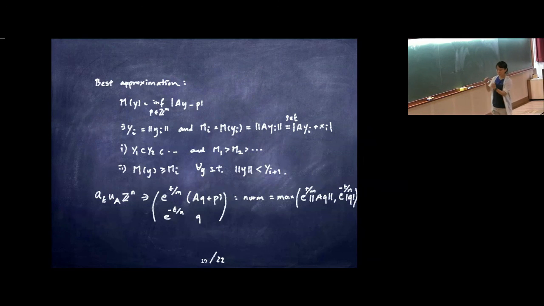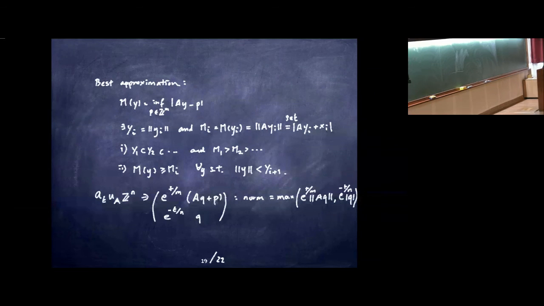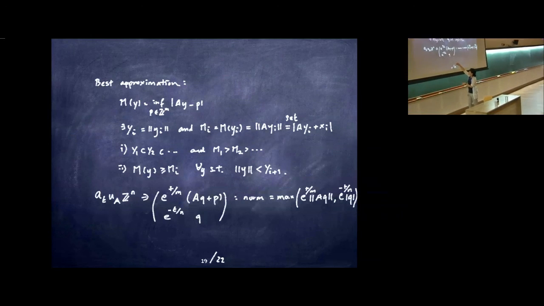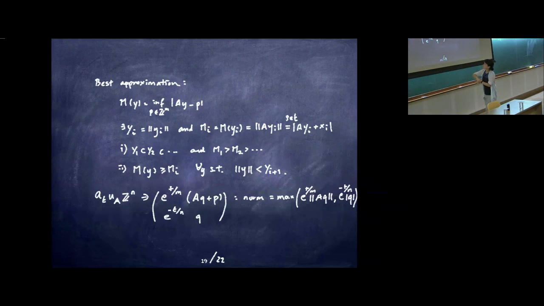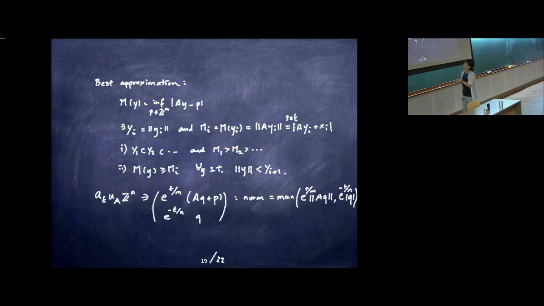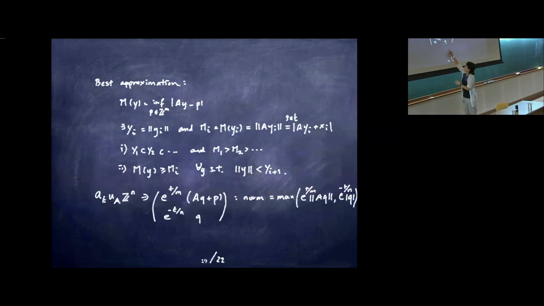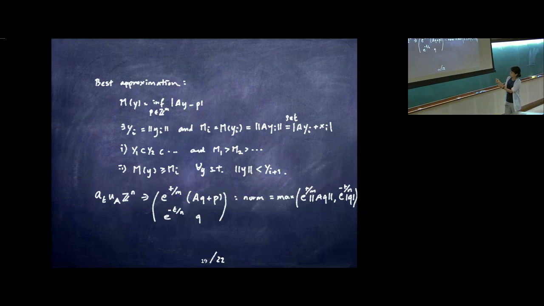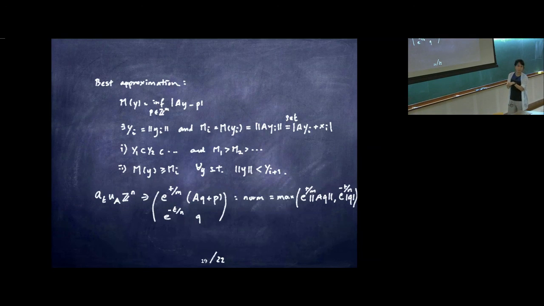Okay, now let's get back to the matrix computation that we did. Now we're downstairs, so we have this at and ua Zn — sorry, it's m plus n. If you look at the matrix computation, we'll have e to the t over m, Aq plus p, and e to the negative t over n times q.